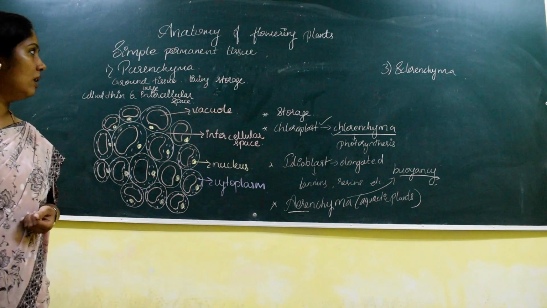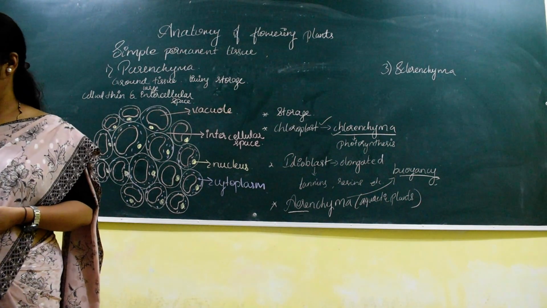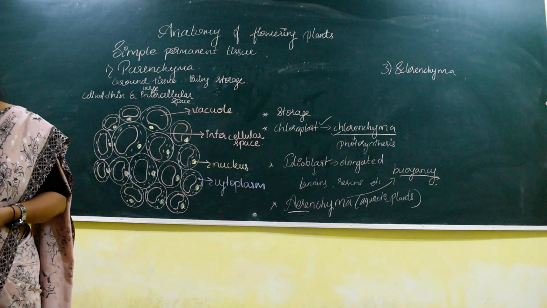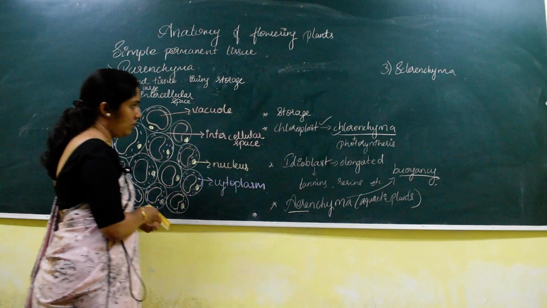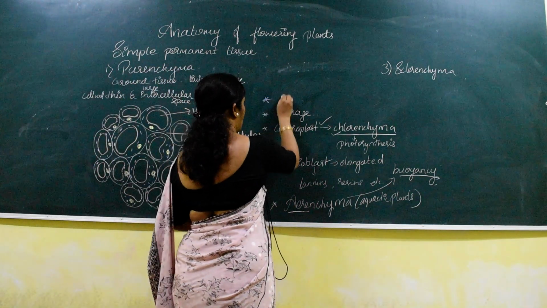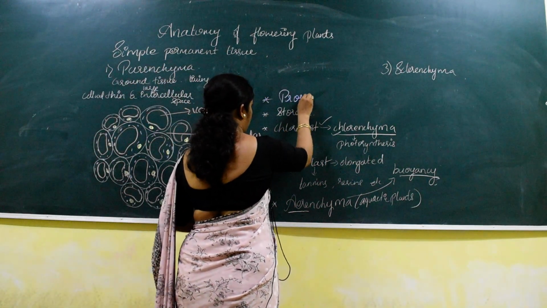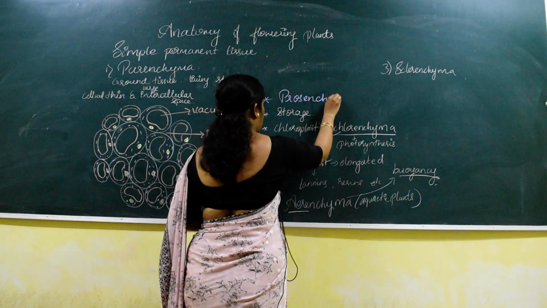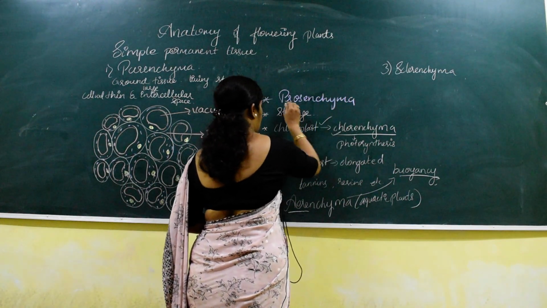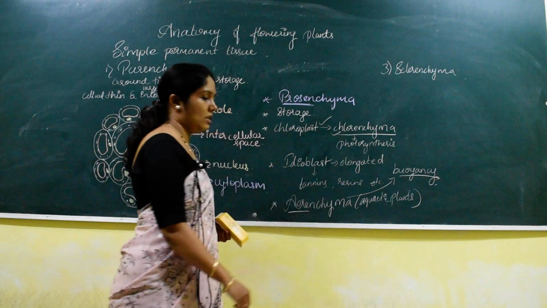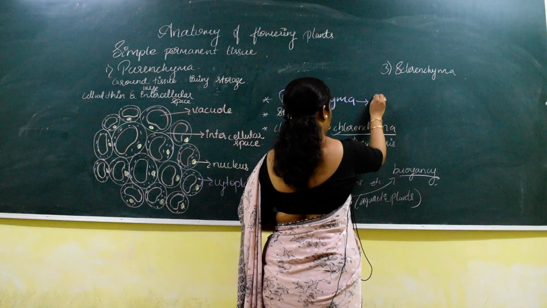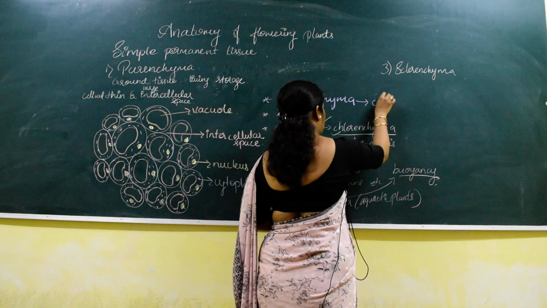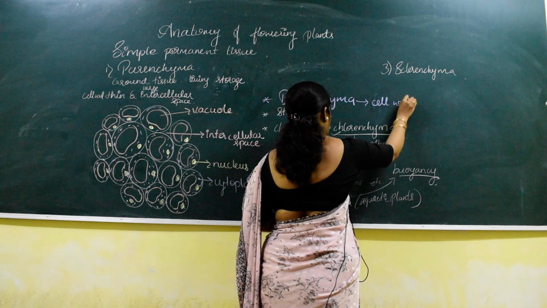Next is Collenchyma. Also there is another type of parenchyma. Usually in this type, the cell wall is thick when compared to other parenchyma cells.